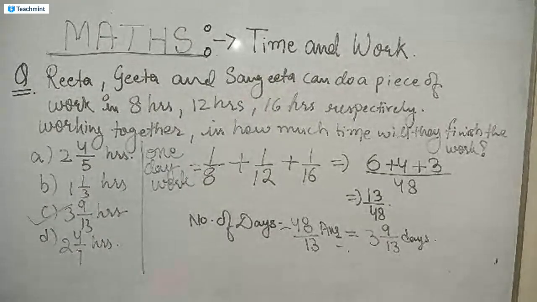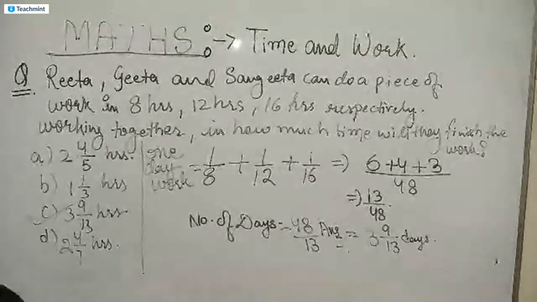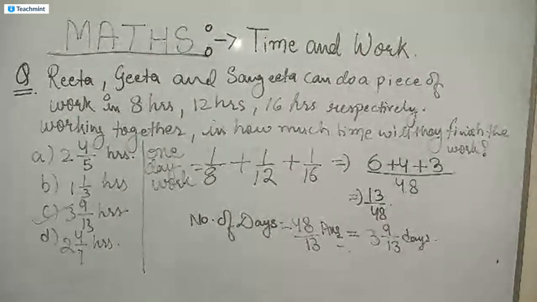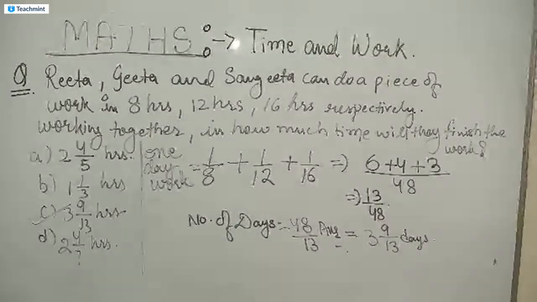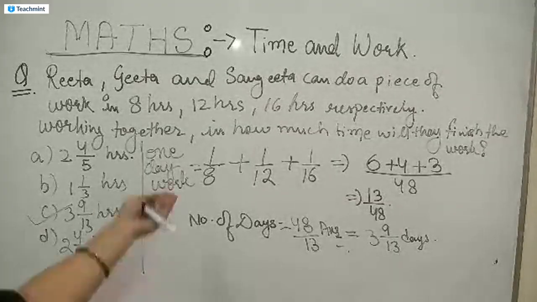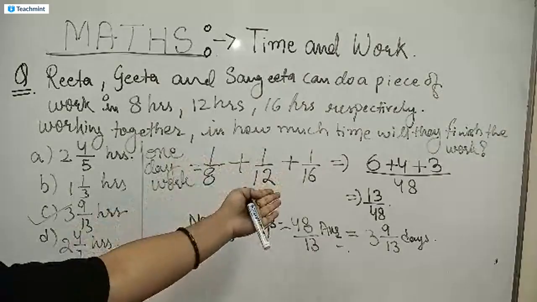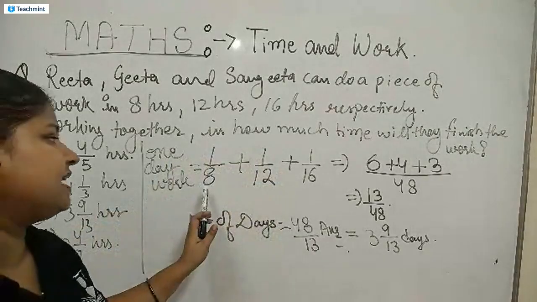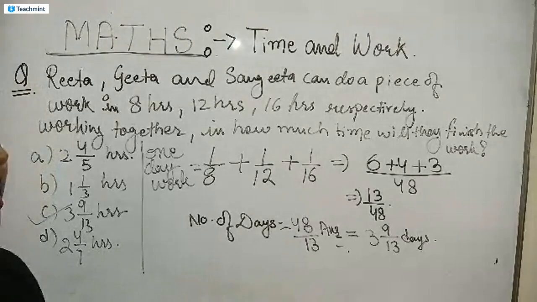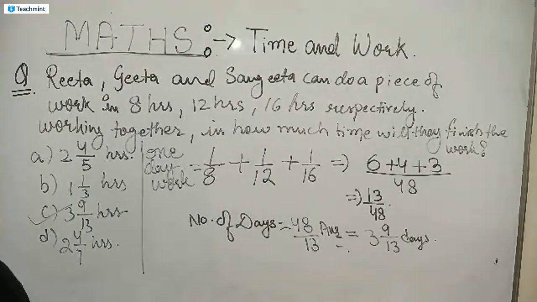Ma'am, can you explain this again? Okay. Yes, Rachna? Ma'am, how to add that one day work? 1 upon 8 plus 1 upon 12 plus 1 upon 16. Find the LCM of 8, 12 and 16. Don't you know how to add the fractions, Rachna? No, ma'am, I did not take the classes, ma'am. I just joined.